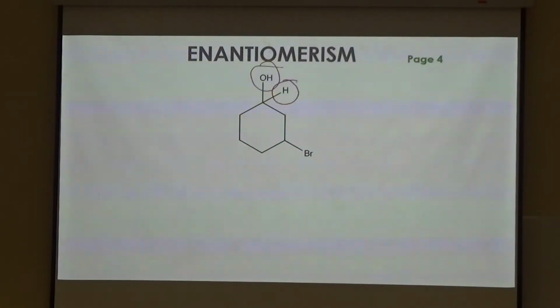Now the third one and the fourth one you count. From this carbon, you go to the next carbon. They are the same. Okay, fine. You move on. This one is different from this one. Can you see? This carbon is different from this carbon. So yes, there are 4 different substituents. So this is your 3, and this is your 4.